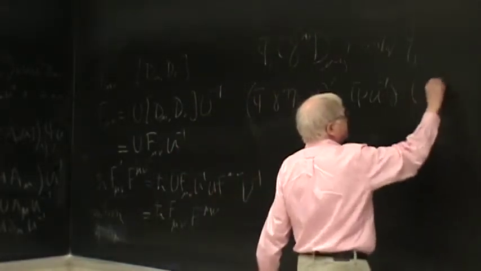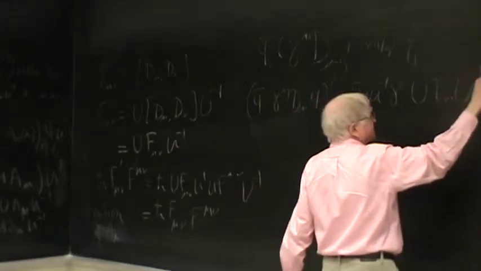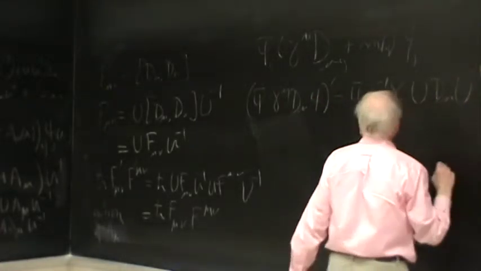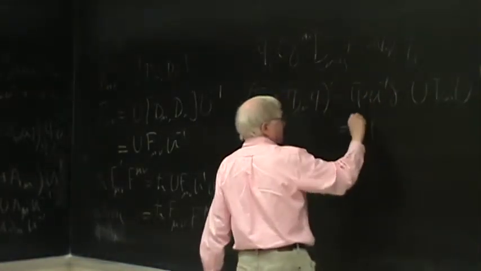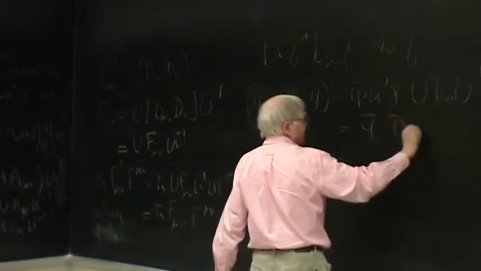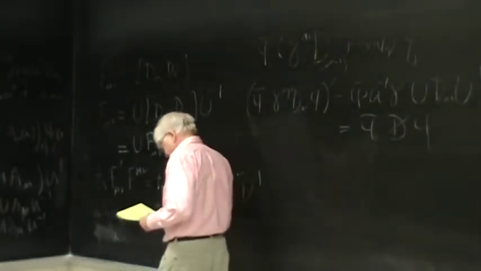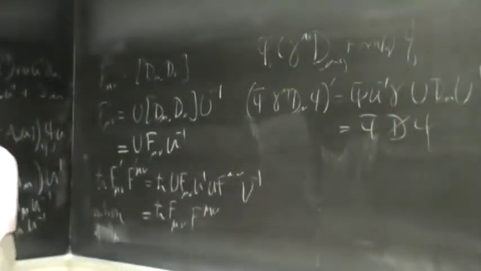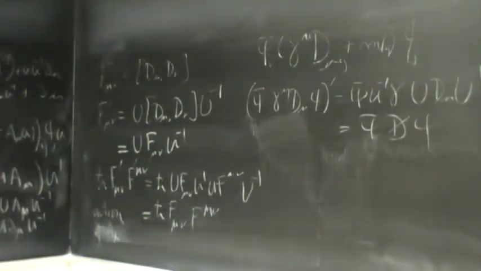And then this is U D mu U inverse U psi. And so this is psi bar D slash psi, to use Feynman's nice notation.